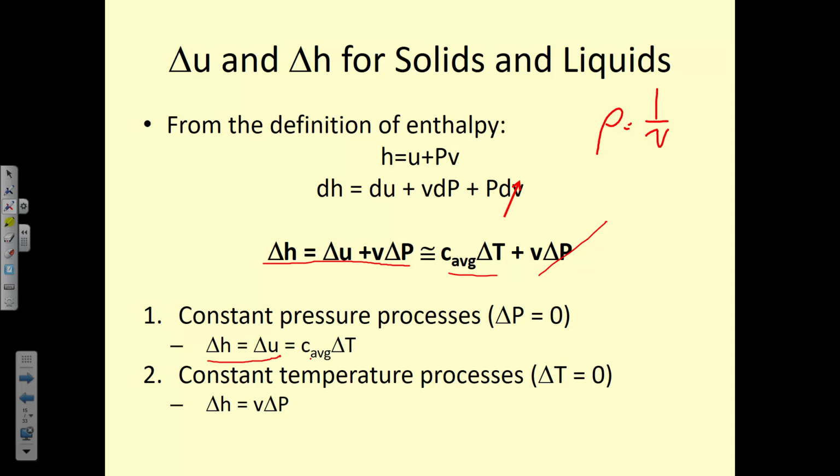And if for some reason we have an isothermal process instead, then this part of the equation goes away, and we're just left with delta H is equal to V delta P. So again, this is a change in internal energy or a change in enthalpy, and depending on the process and also the substance, we can sometimes use these equations to solve for our terms.